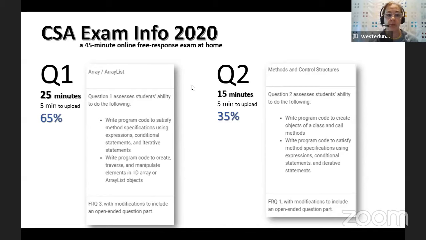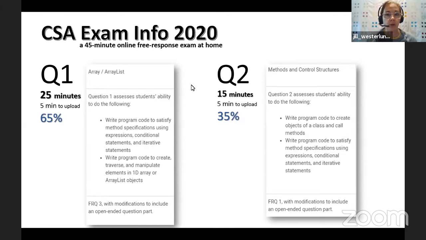You can read the box that I've snipped there. You'll have 25 minutes to work on that question, and then 5 minutes to upload your completed item, and we'll break that down a little bit more. That question will be worth 65% of the total AP score.